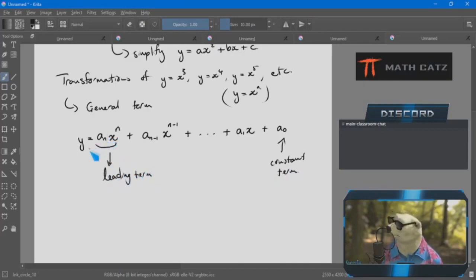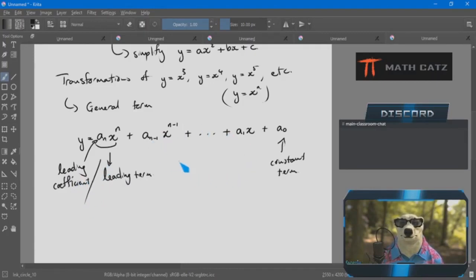and these are words that you should know already. The coefficient of that highest power of x is called the leading coefficient. And that's pretty much it.